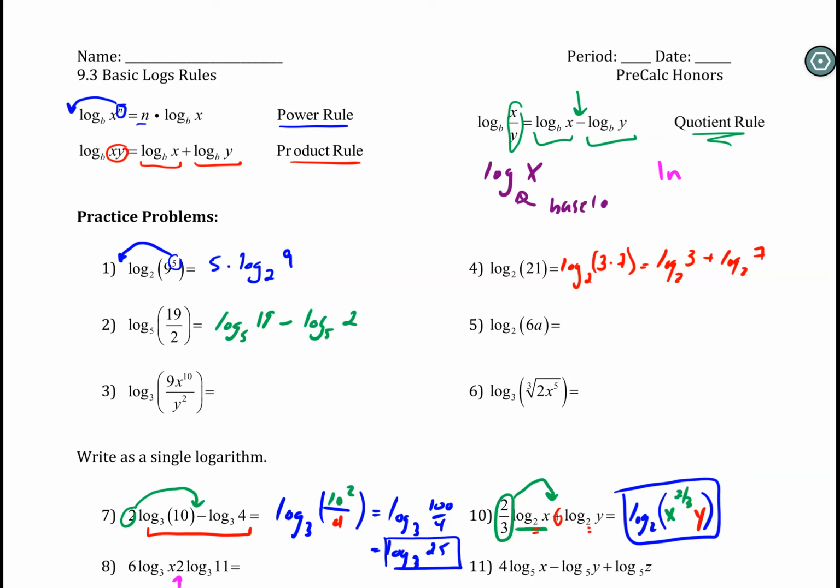So natural log of x is equivalent to log base e of x. So when we're dealing with a base of e, that's a natural log, right? An important fact to know is that the log of e is equal to 1. That's a fact that's really important to know.